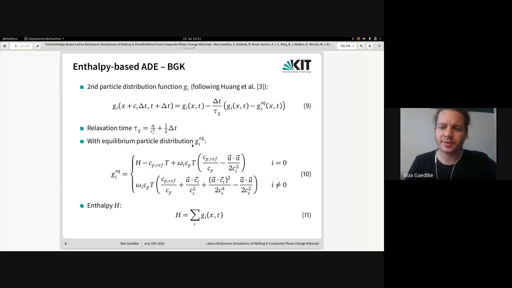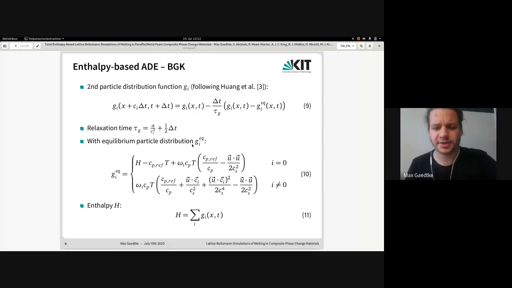For the zero direction, we introduce a collection term, which is the enthalpy, and the other directions are actually the standard equilibrium as a function of the temperature, and by this you get this behavior: diffusion by the gradient of the temperature and the time derivative as a function of the enthalpy.